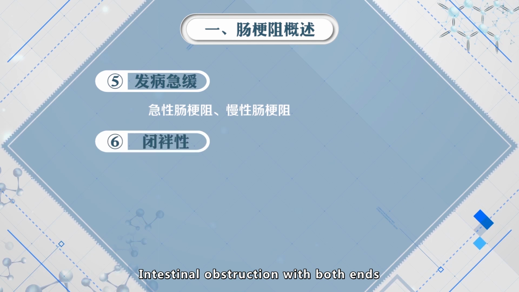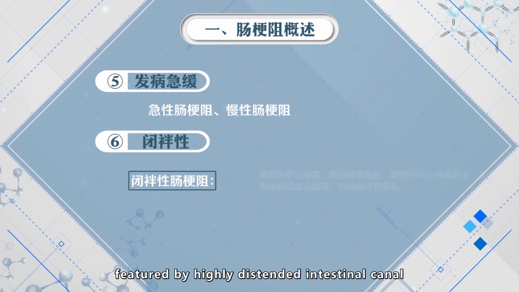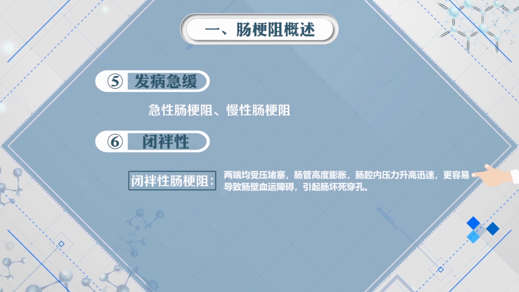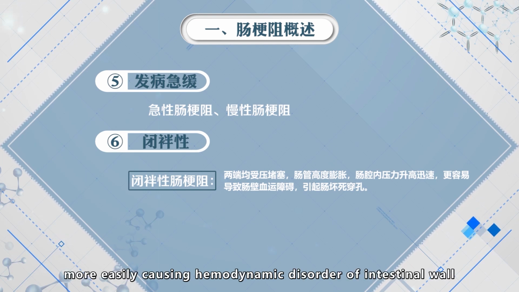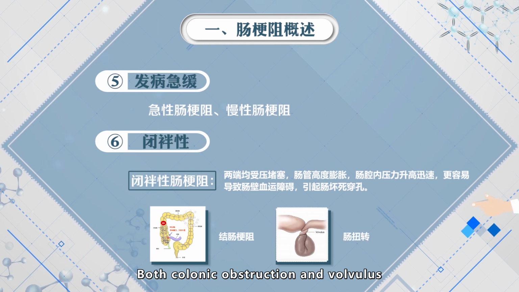Intestinal obstruction with both ends of intestinal loop pressed and obstructed is closed loop intestinal obstruction, featured by highly distended intestinal canal and rapidly increased pressure in intestinal canal, more easily causing hemodynamic disorder of intestinal wall and intestinal necrosis and perforation. Both colonic obstruction and volvulus are closed-loop intestinal obstruction.